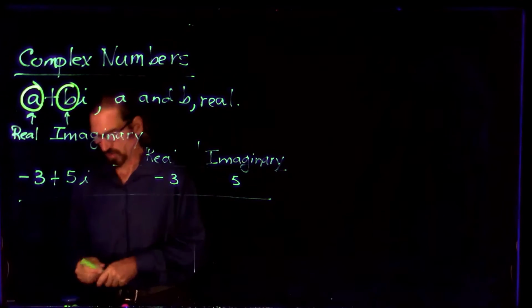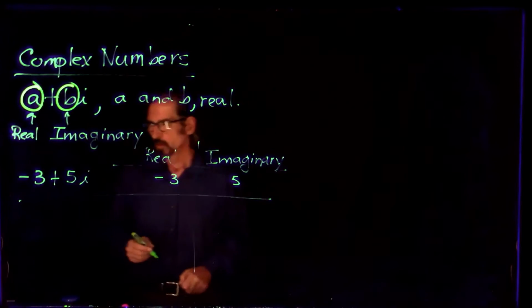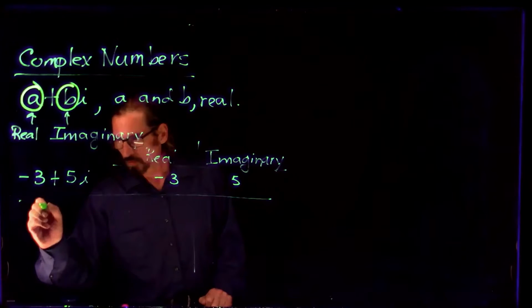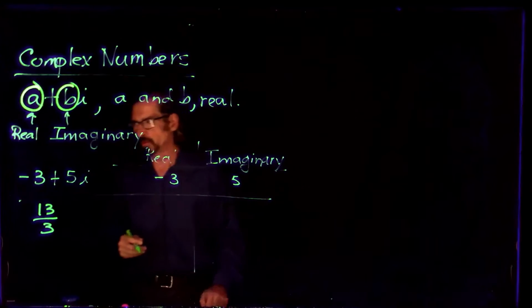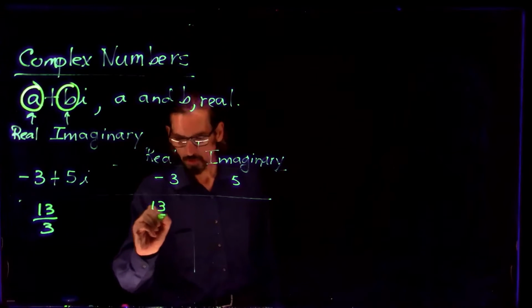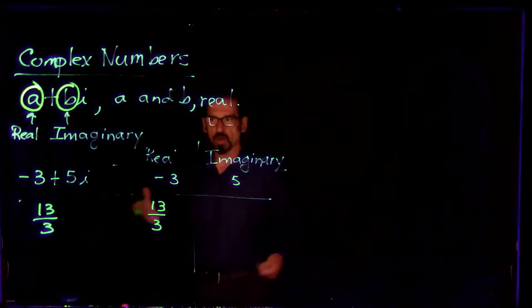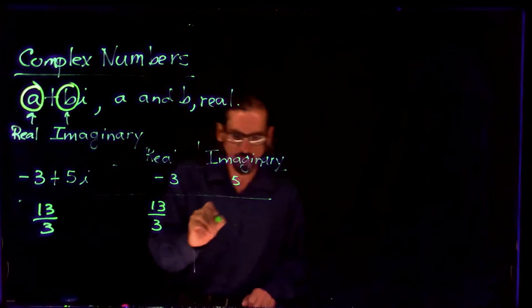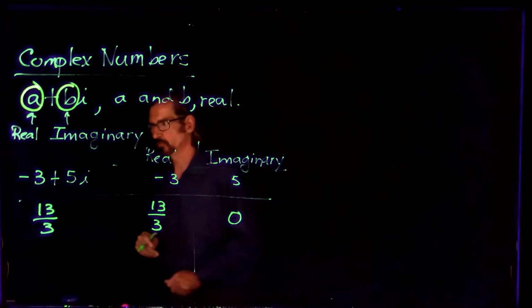If we take 13/3, then the real part is 13/3. And since we don't have something added to that with an i, the imaginary part is just 0.